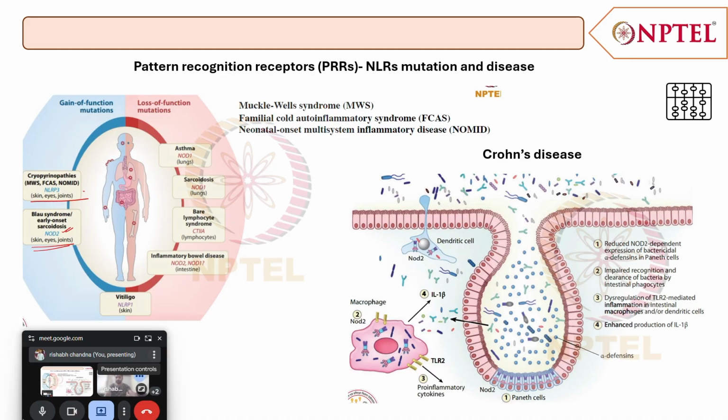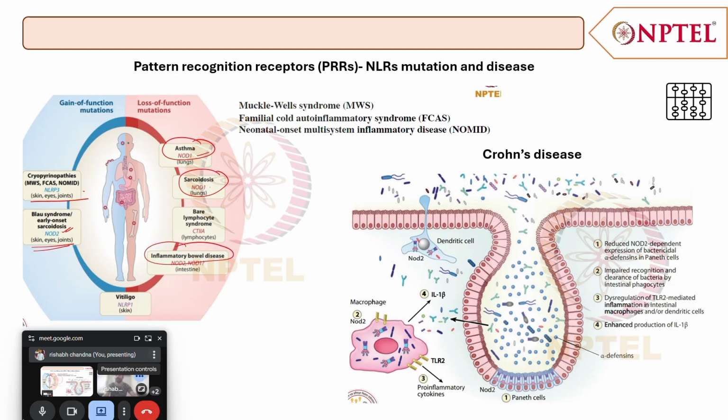Okay, so now loss of function mutation in NOD1 causes asthma, and NOD1 also causes sarcoidosis, that is in the lungs. Then CIITA causes bare lymphocyte syndrome in the lymphocytes, and both NOD1 and NOD2 in the intestine can cause inflammatory bowel disease.